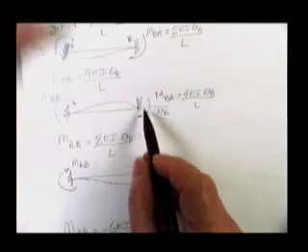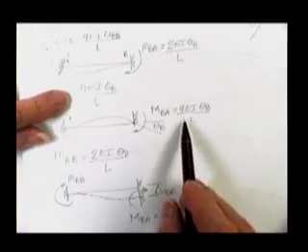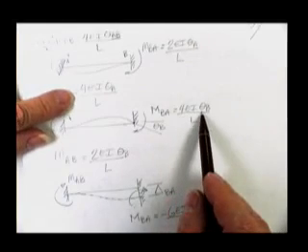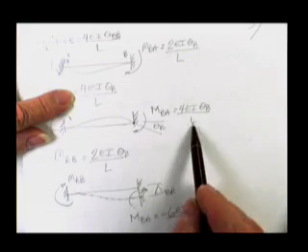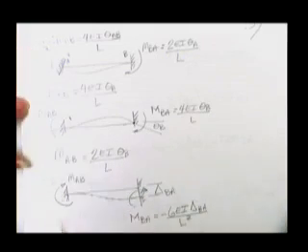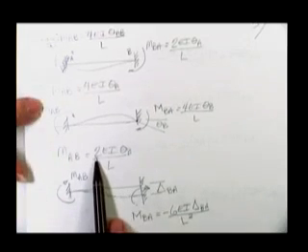It's a little hard to see now, but if you could see through there, you'd see somebody cranking clockwise on this one, 4EI times how much theta you want to cause at that end over L, and half of it will come out over on this end. M sub AB will be on this end 2EI theta B over L.